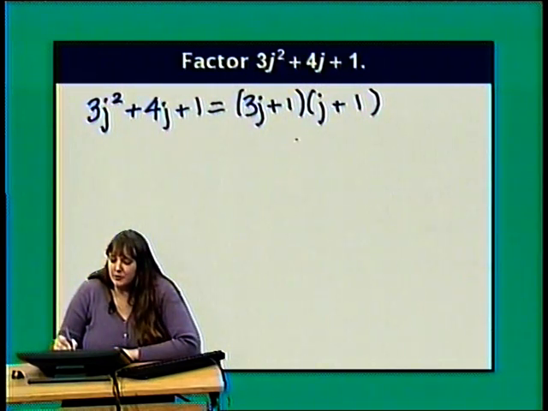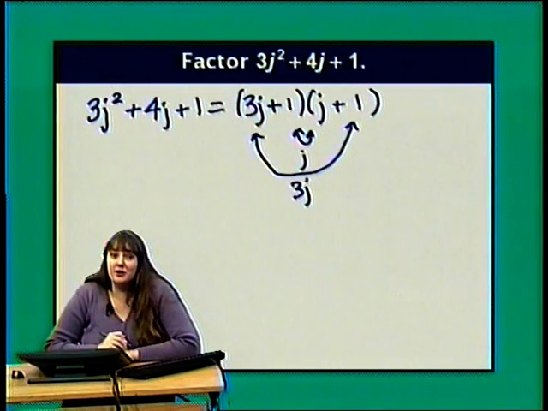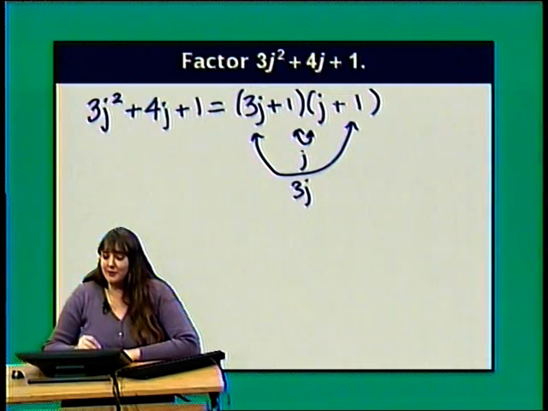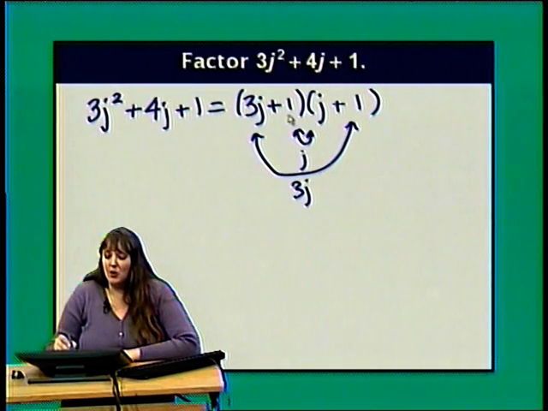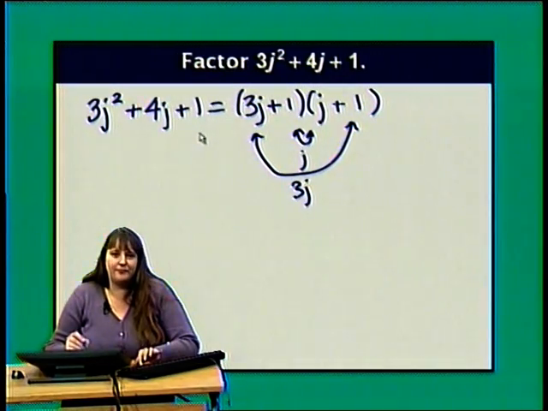Looking at our inner terms, 1 times j is j, and our outer terms, 3j times 1 is 3j. j plus 3j is indeed 4j, which is what I wanted for the middle term. Now checking the first terms, 3j times j is 3j squared. 1 times 1 is 1, which is what I wanted for the constant. So this factorization seems to work.